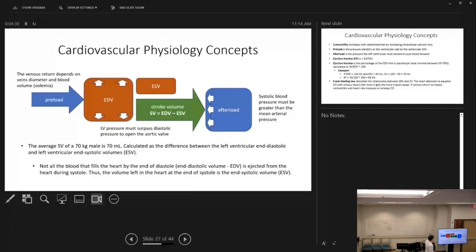There you can see the representation of what we call the preload, that is determined by the venous return, the blood that returns to the heart from the systemic circulation. So this preload to the heart depends on the diameter of the veins and on the amount of blood that is inside the circulation.